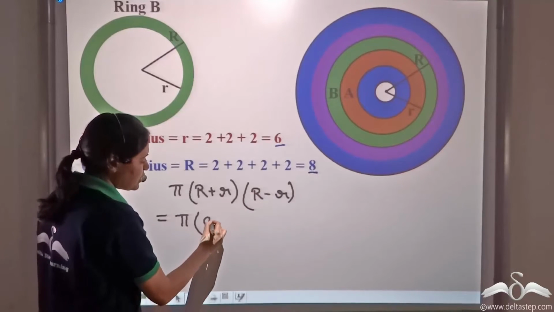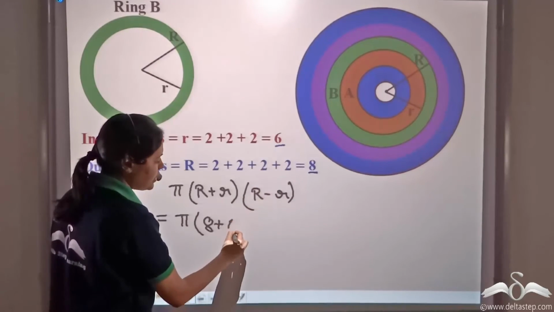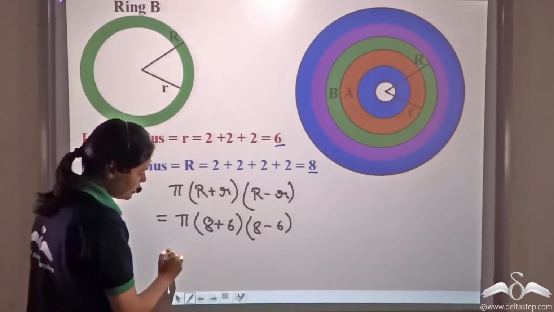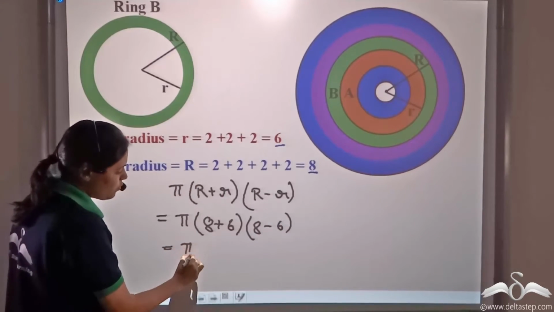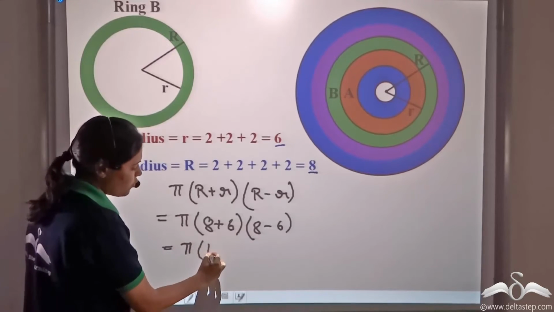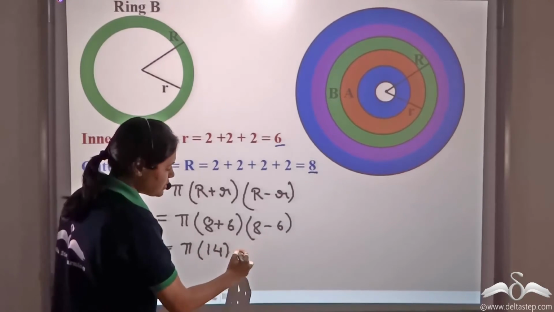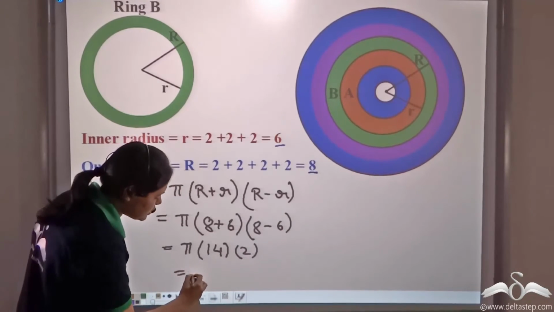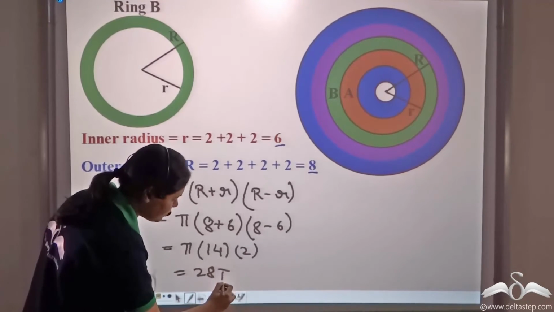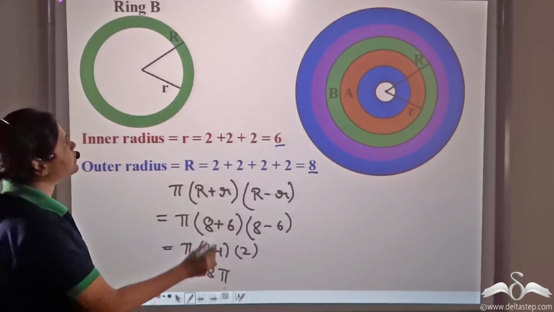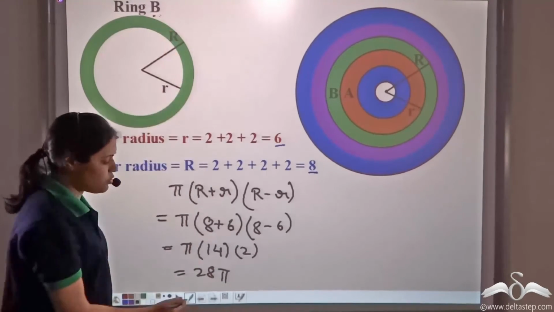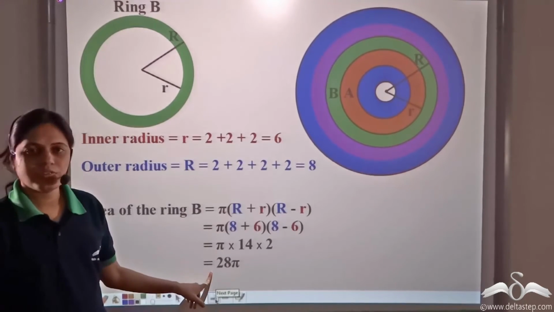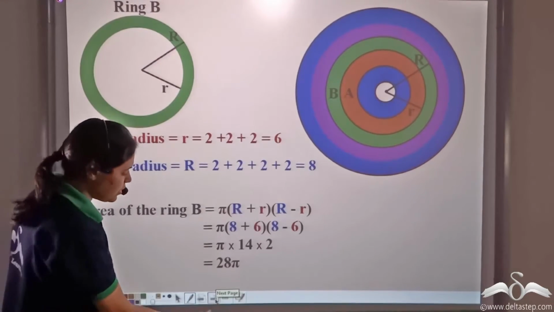Capital R is 8, small r is 6. 8 plus 6 is 14, 8 minus 6 is 2. So pi into 14 into 2, which is equal to 28 pi. So we see that the area of ring B is 28 pi.